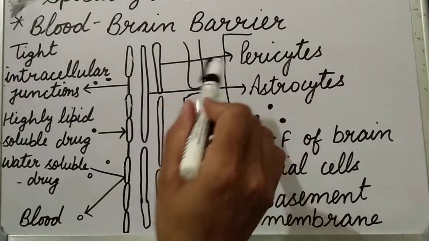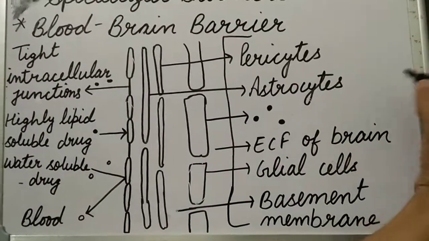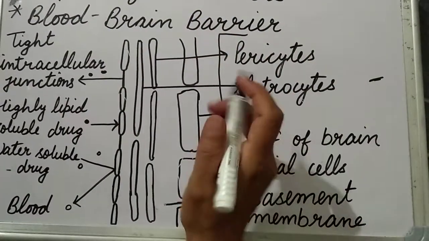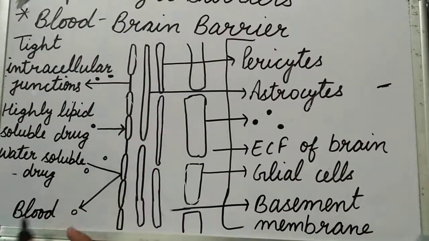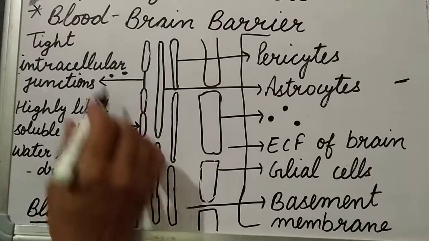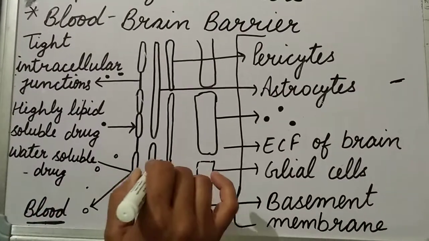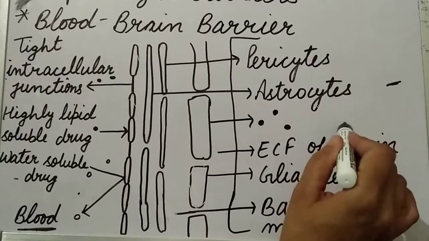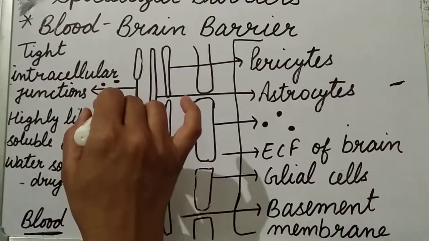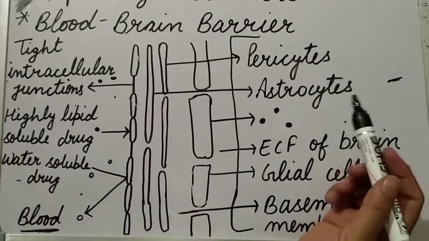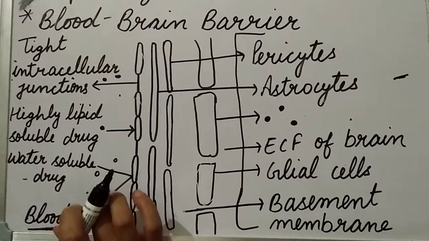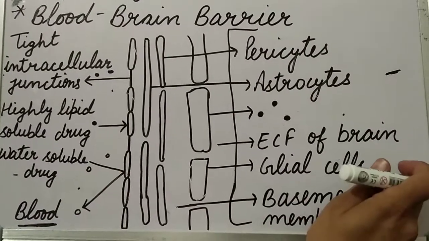Suppose this is the brain here and the membrane which is surrounding the brain is known as blood brain barrier. Suppose this is blood and the drug is present in the blood, it has to cross this blood brain barrier and then it can reach the tissue, that is brain. But these tight intracellular junctions and pericytes, astrocytes act as a barrier for the movement of the drug from this side of the membrane to that side.